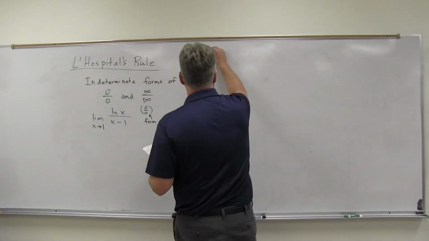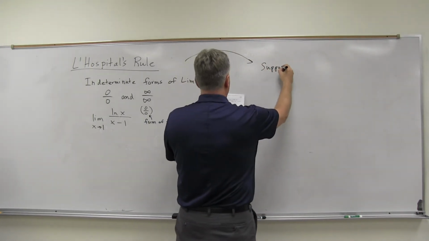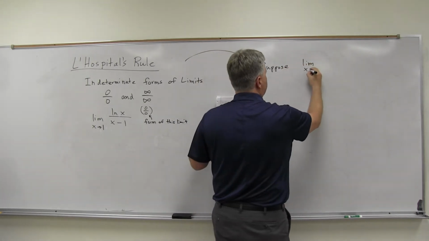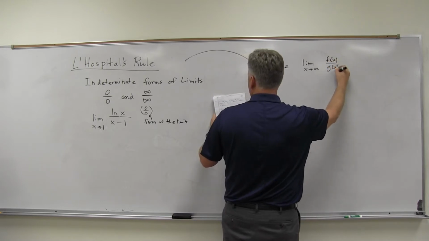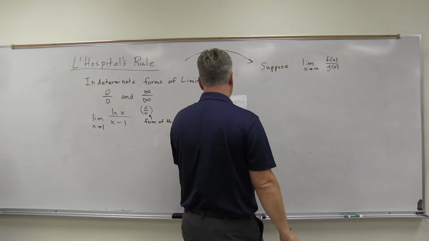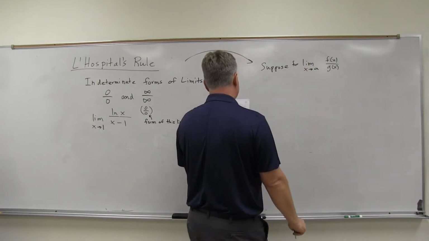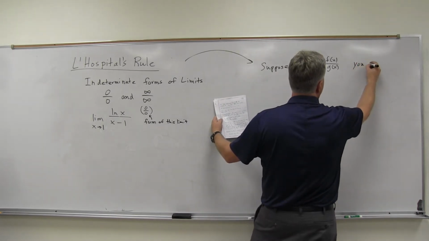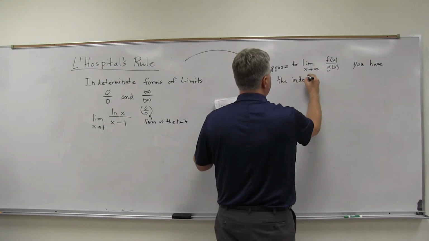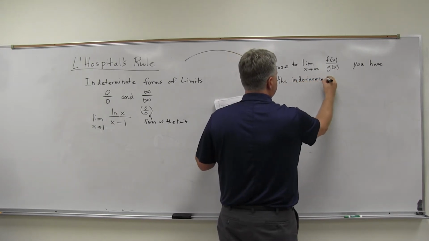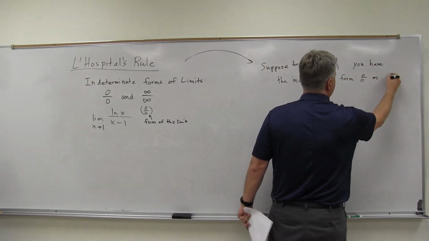So here's the statement of L'Hopital's rule. Suppose the limit as x approaches a of f of x over g of x has the indeterminate form either 0 over 0 or infinity over infinity.